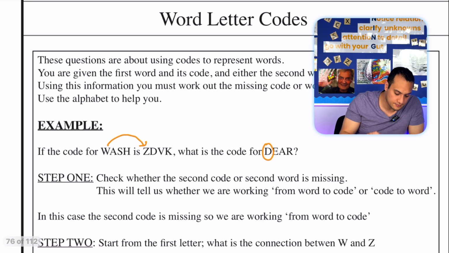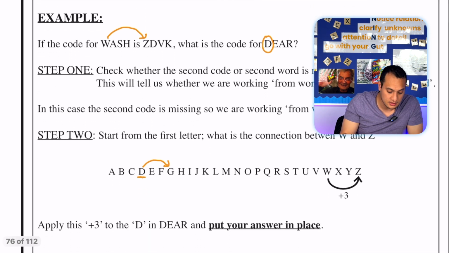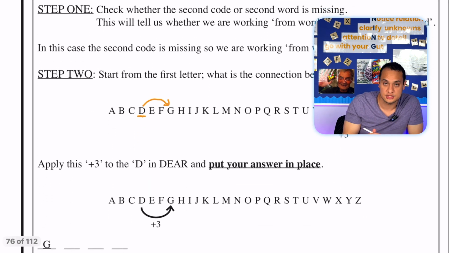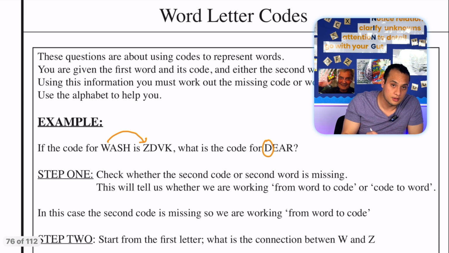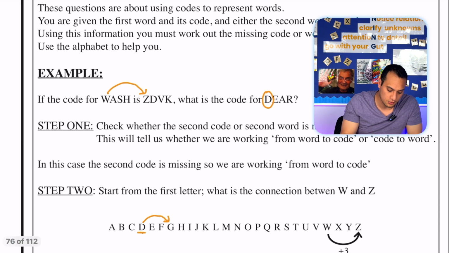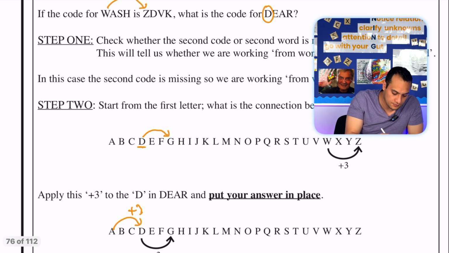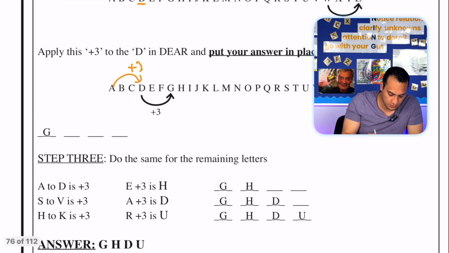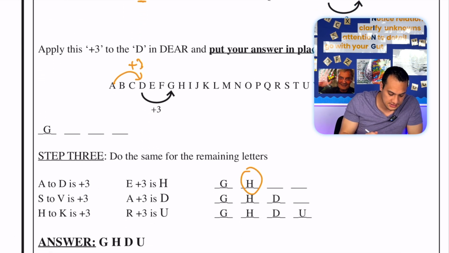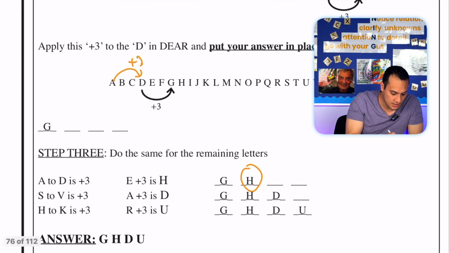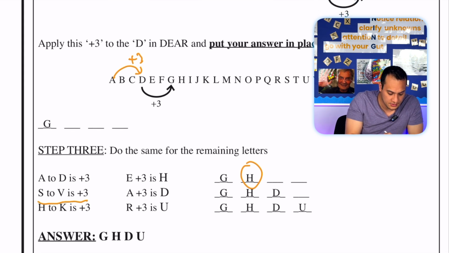A to D, again, is a 3-letter shift. Here we've got to go from E and then move forward 3 letters as well. So from E, 3 letters forward is H. So our next letter will be H. And you can see it's here. And then S to V is also a 3-letter shift.